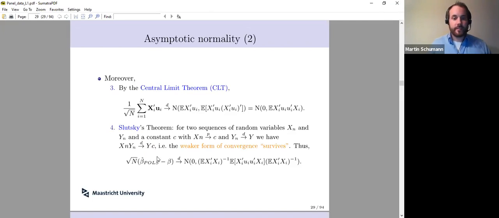So the weaker form of convergence survives. Therefore, by Slutsky's theorem, we can combine these things. And we see that the asymptotic distribution of the pooled OLS estimator will be normal with mean 0, and this variance that may look complicated, like a sandwich form variance, right?